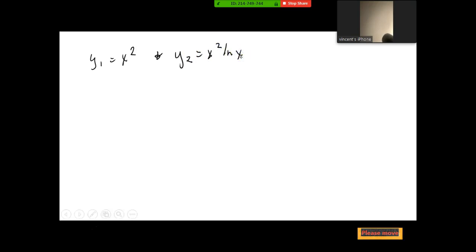Let's just claim they're both solutions of the homogeneous linear differential equation x cubed y triple prime minus 2x y prime plus 4y equals 0. Homogeneous differential equation. On the interval 0 to infinity.